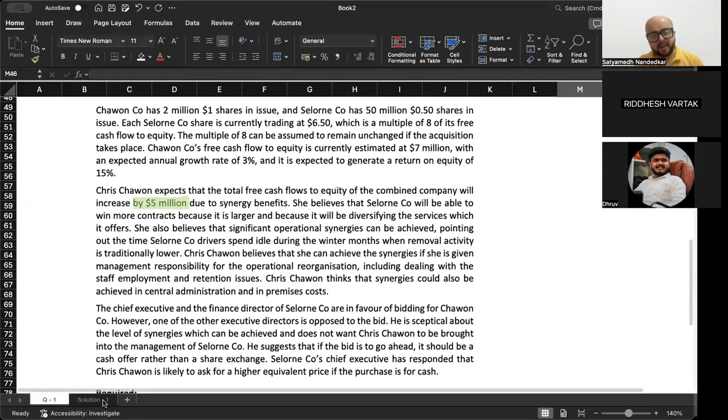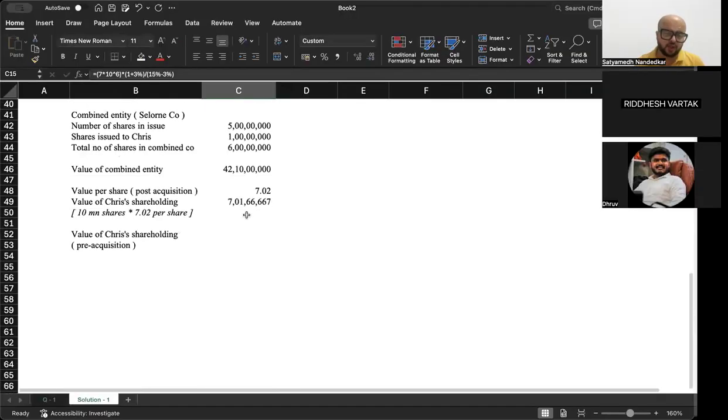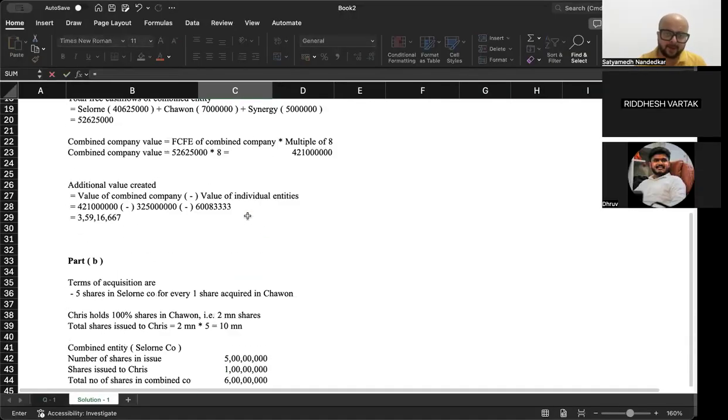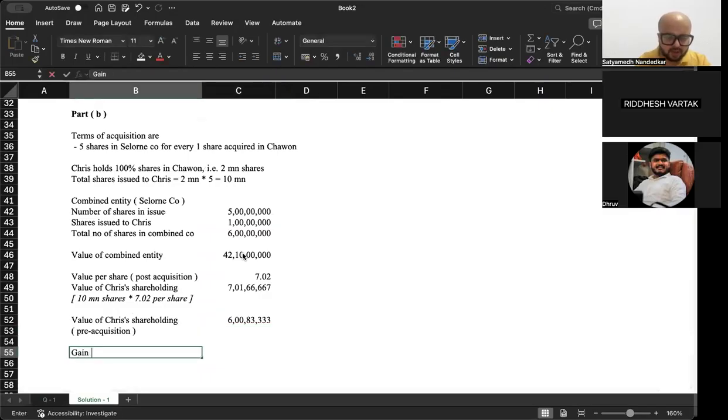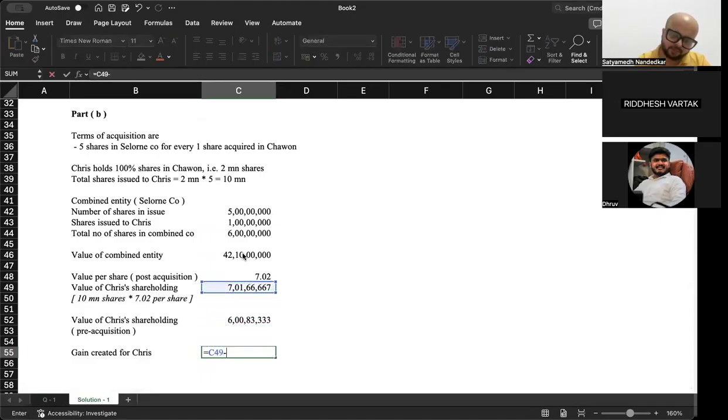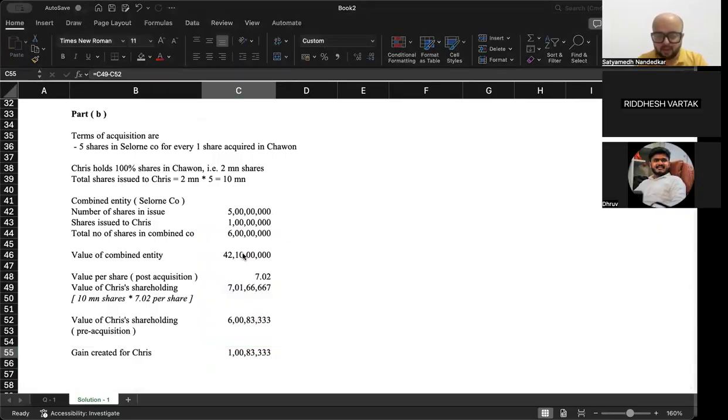So naturally the entire company value is the value of her shareholding, right? So what is the gain created for Chris? About 1 crore of gain for her, right?